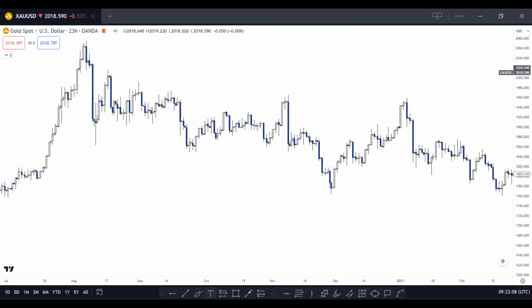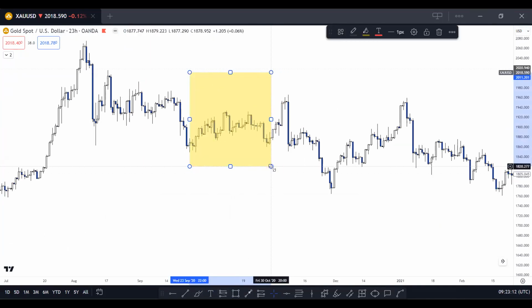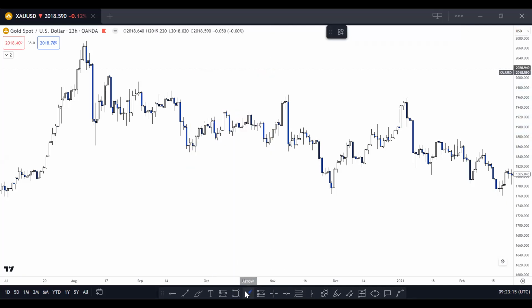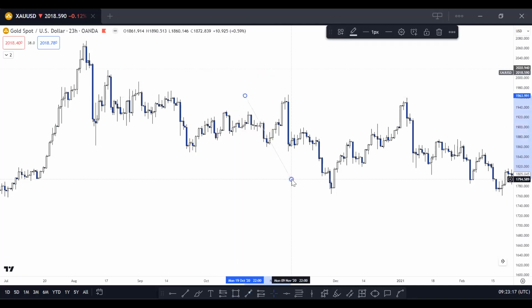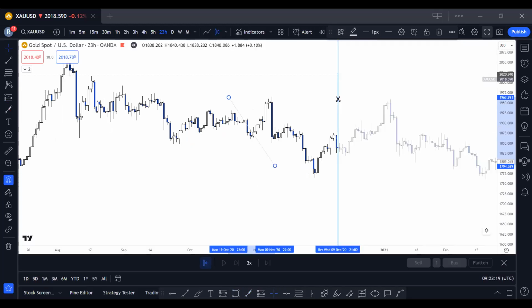Example 1. We have a directional movement. I think at this point I need to replay modes.